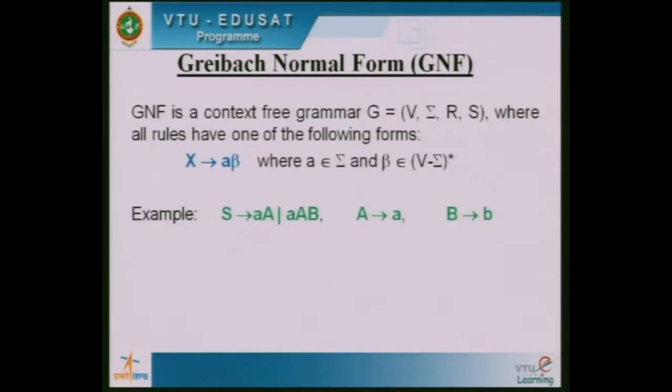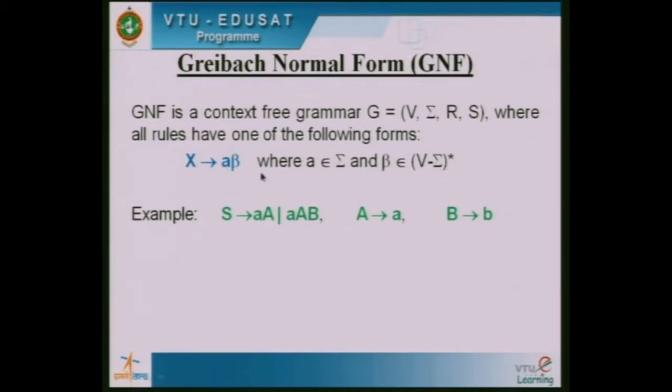Quickly, let us see the definition of Greibach normal form. A GNF is a CFG G = (V, Σ, R, S) where all the rules are of the form X → aβ, where a is a terminal symbol and β belongs to V ∪ Σ whole star, or X → a if β is epsilon.